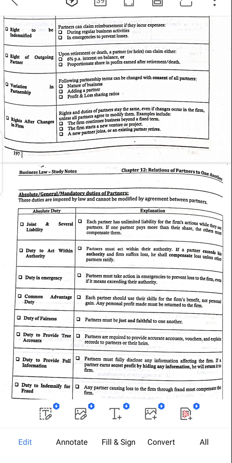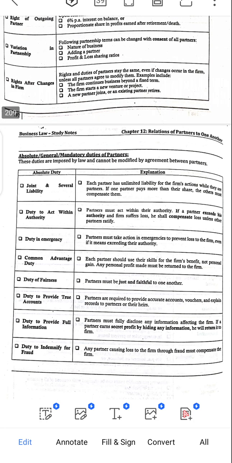Then we have the duty to act within the authority. Partners must act within their authority. If a partner exceeds his authority and the firm suffers losses, he shall compensate the loss, unless the partners ratify it. Duty in emergency: if any emergency occurs, he has to perform his duties, in any emergency, certain losses, or any natural disaster.